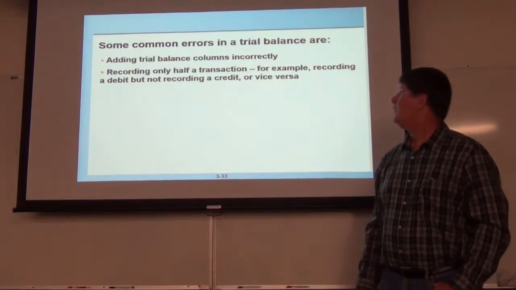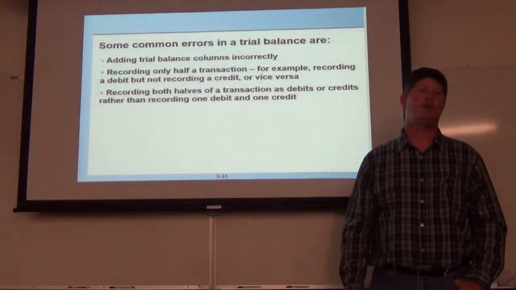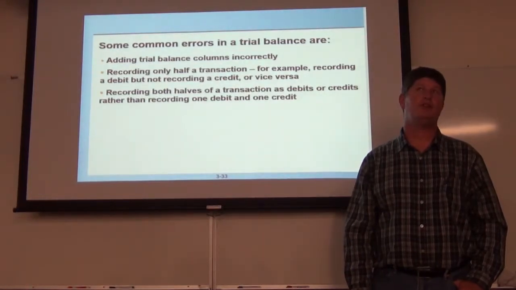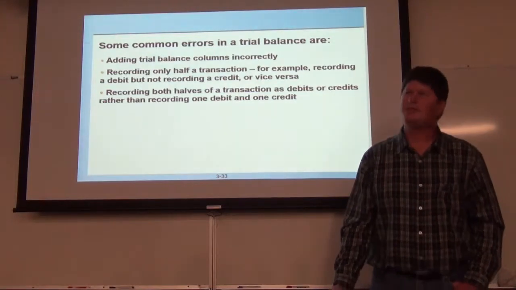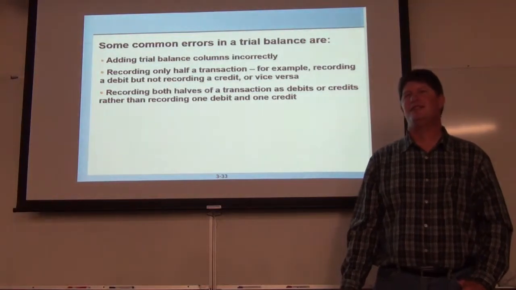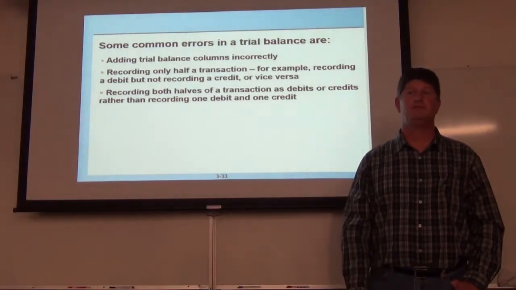Okay. The other big one is you'll record a debit and you'll record another debit. Oops, am I out of balance? Yes. And I'm off by twice the amount of my mistake. Okay?